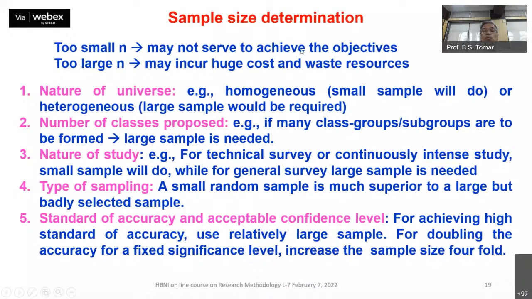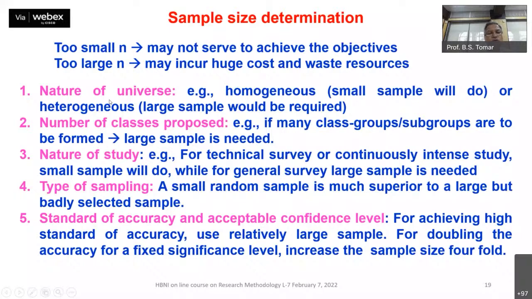You may not get a true representative of the population. But if you take too large a sample size, then you may incur huge cost and waste resources, because it may not be necessary to have such large samples. That is why you have to optimize your efforts. So you save time, money and manpower by doing proper sampling.